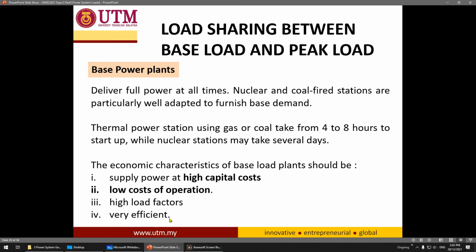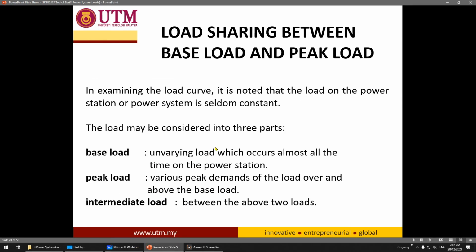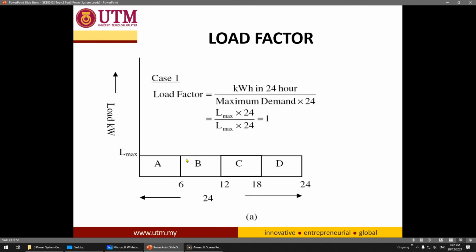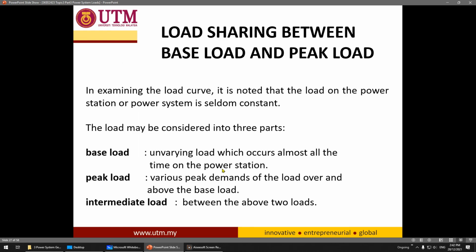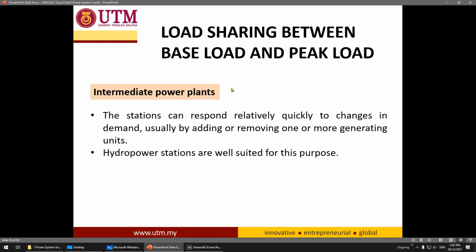High load factor means that it is always turned on. Remember this one, load factor. It is also very efficient, because it runs all the time, so the system needs to be efficient. So that is the characteristic of the base power plant.